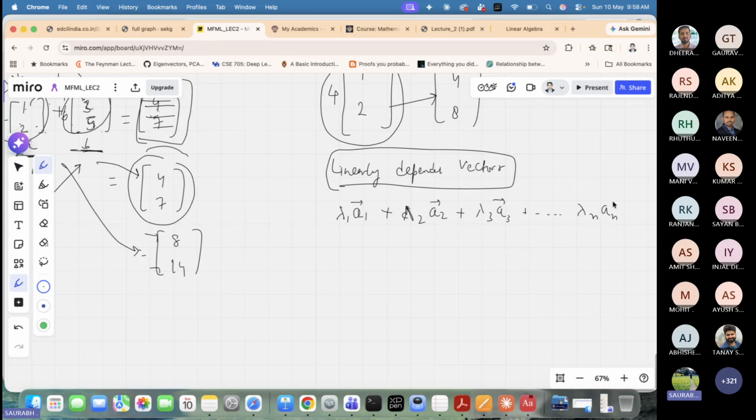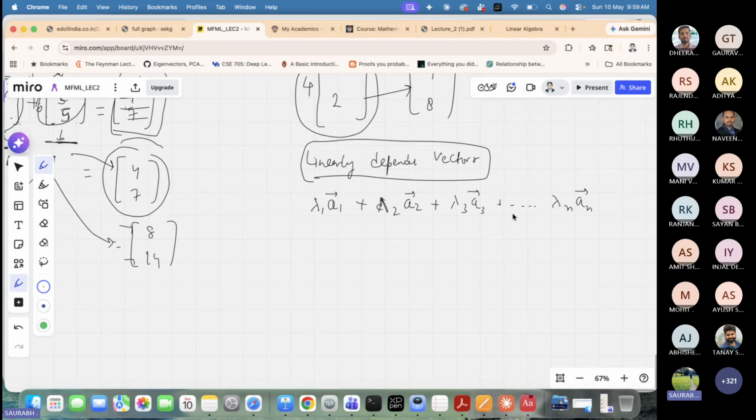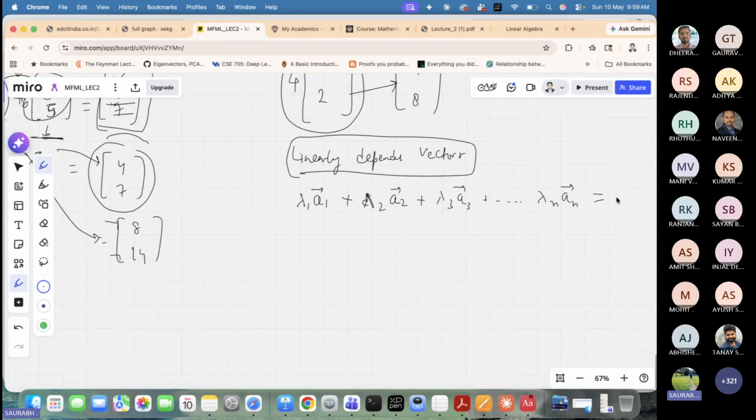Let's say there are n vectors and n scalars; you are just scaling and adding them together. If after adding them together you get 0, it means that the vectors are linearly dependent.